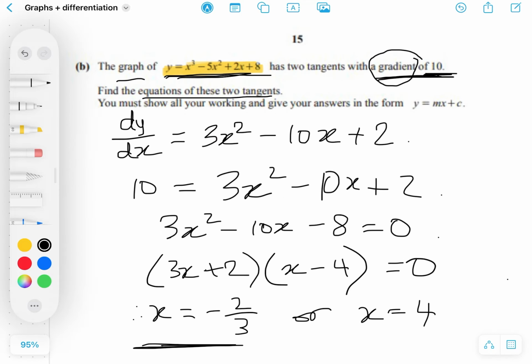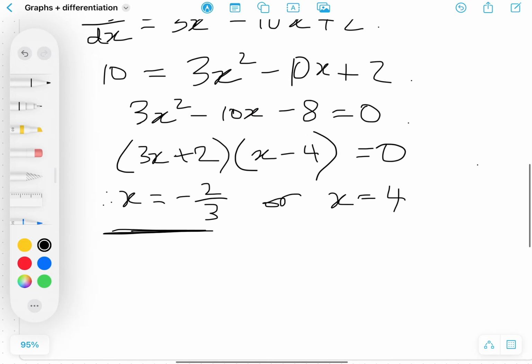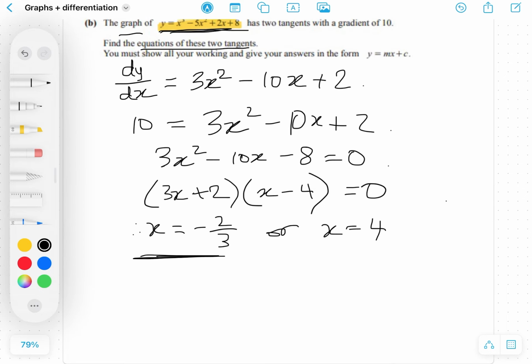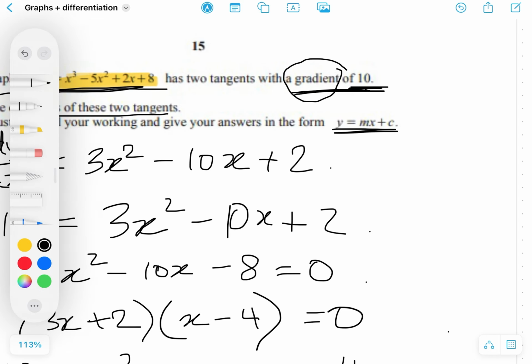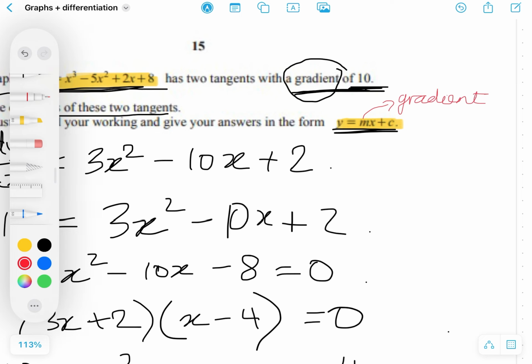But we need to work out the equations of the tangents. In the form y equals mx plus c, you should know that m represents the gradient, and c represents the y-intercept.